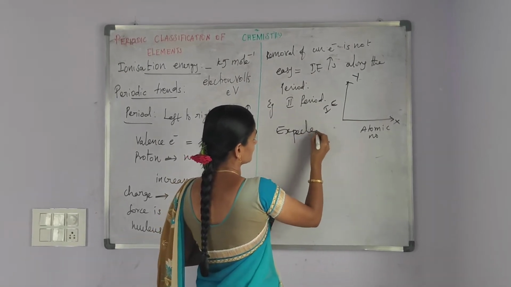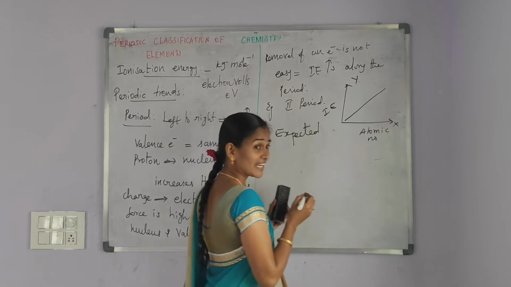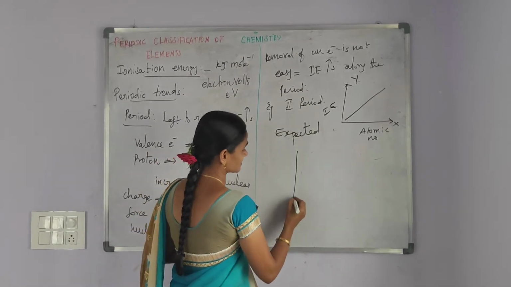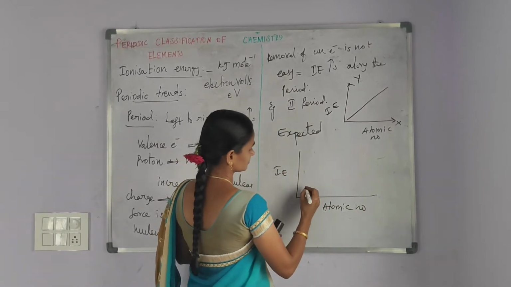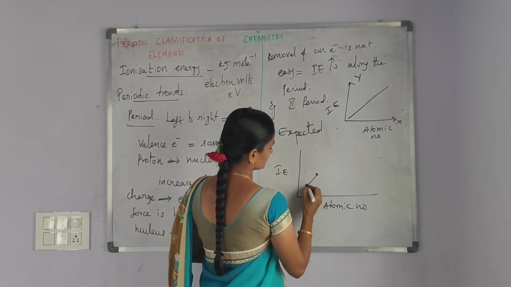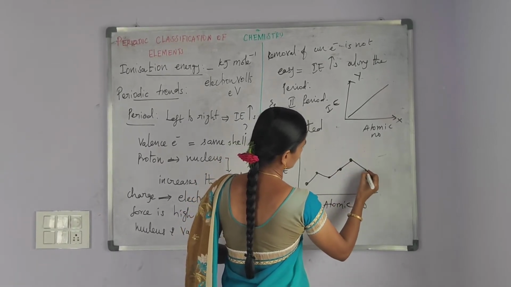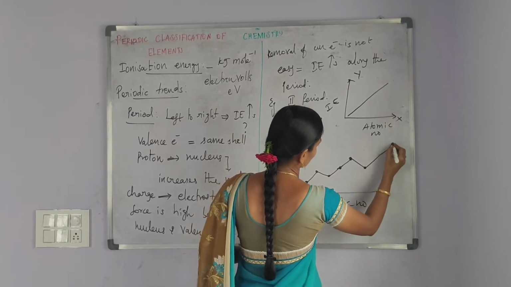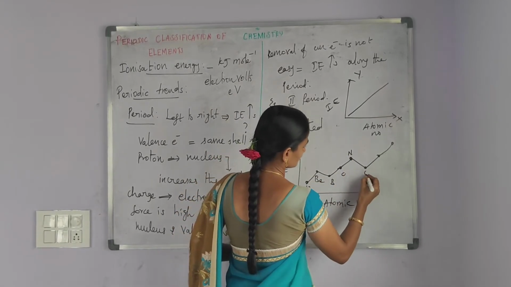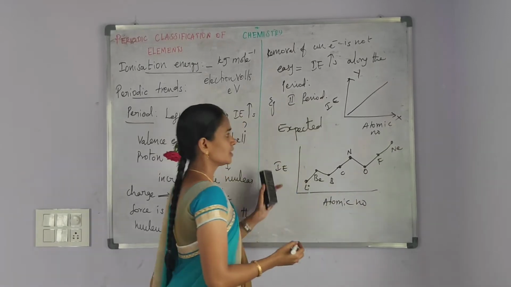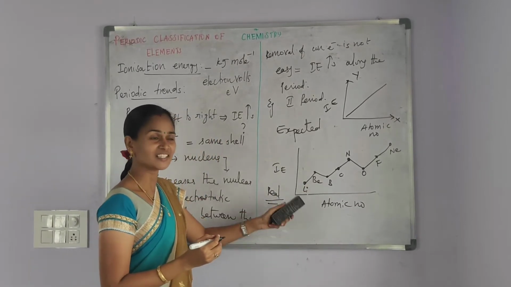The expected trend is that across the period from left to right, ionization energy increases, but the real thing is there are some deviations present in the second period.